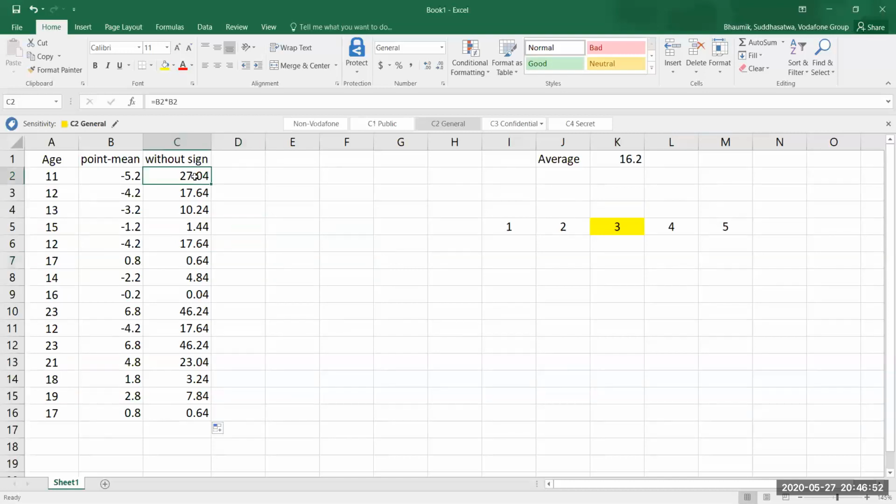So what I'm going to do now, this square value that I have got, if I take a sum of the square, it becomes 224.